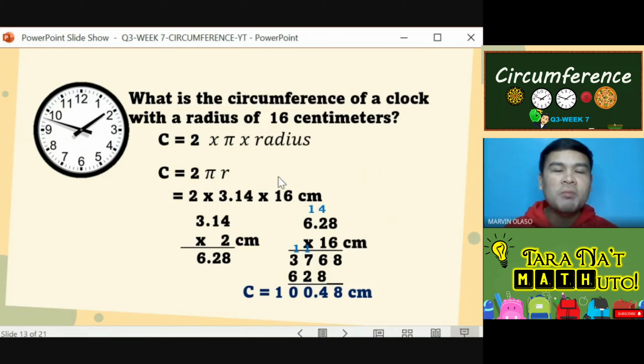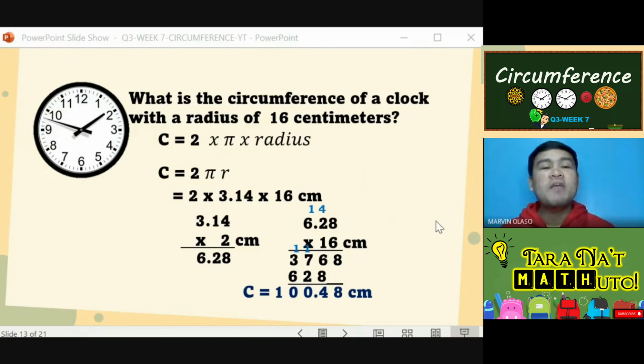Then put the decimal point. So our answer is 100.48 centimeters. Again, just use the process of multiplying decimal and whole numbers. The circumference of the clock is 100.48 centimeters.